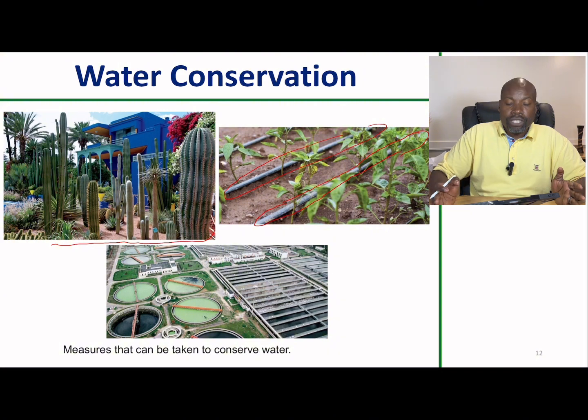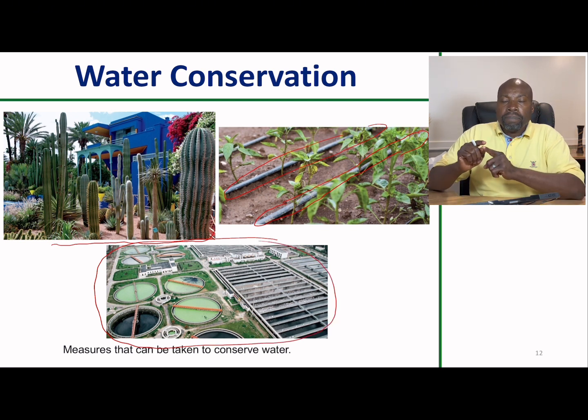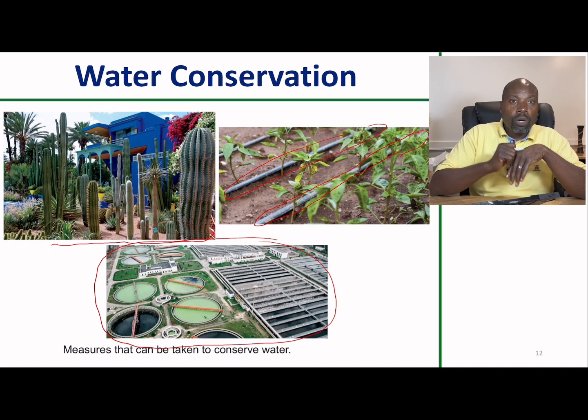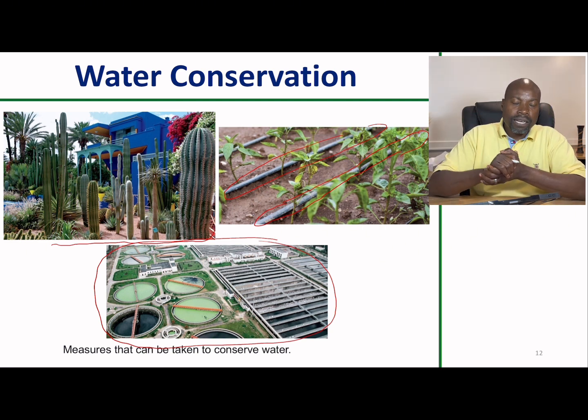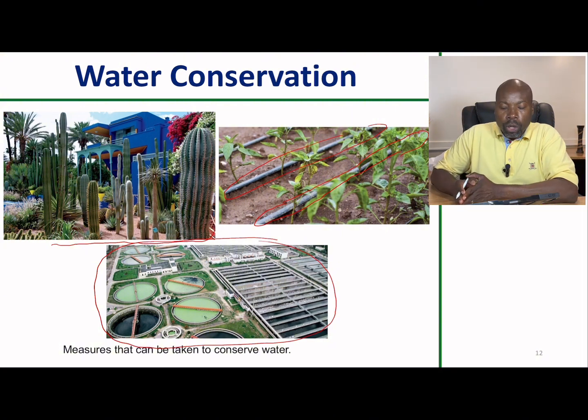How about water reclamation, right? We have a wastewater treatment plant facility here. That wastewater treatment plant facility allows us to clean the water we get from our households. You know, when you flush, when you wash your dishes, when you shower, different things you do at home, that water goes somewhere in the city. And in the city, that water is going to go to a wastewater treatment plant facility.